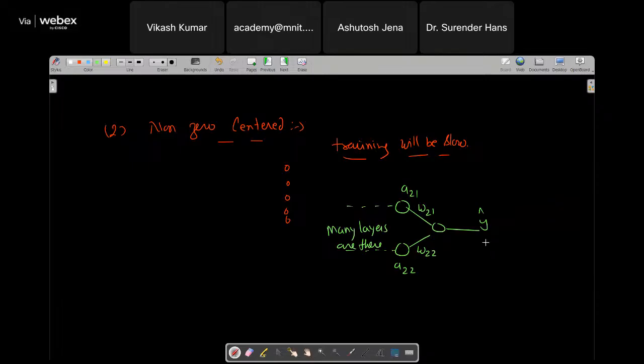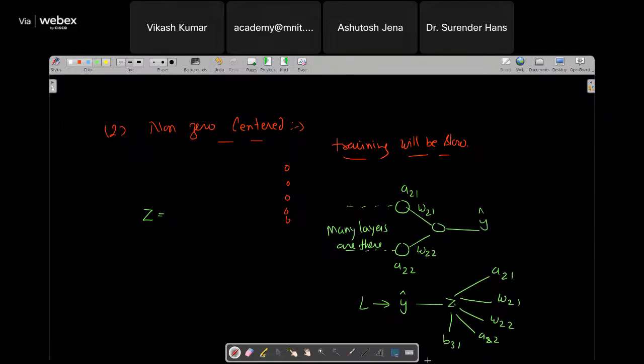Now L, the loss function, is a function of this Y cap, and Y cap is a function of Z. Z is a function of A21, W21, A22, W22, and the bias B31.